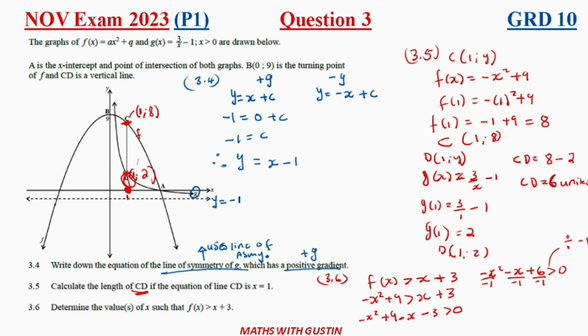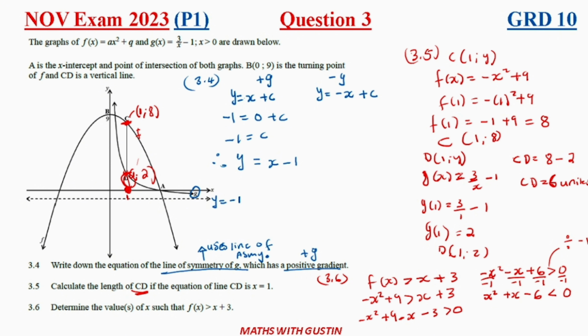All right, so let's apply that here in this case. So x squared, then positive x, then negative 6. The inequality sign changes because we have divided everything by negative 1, so it's going to be less than 0. Now the last thing we need to do is just solve for x.